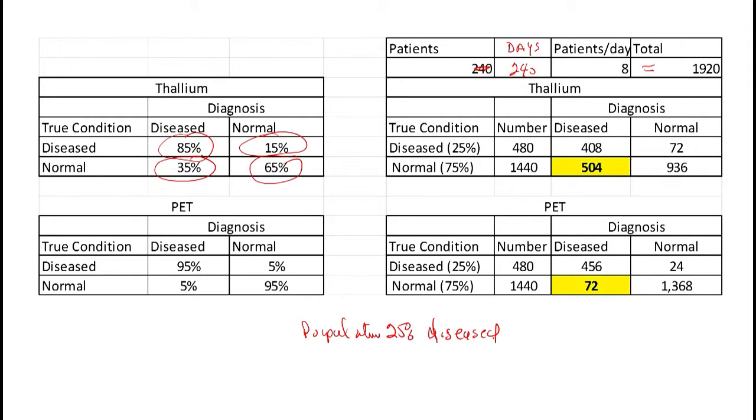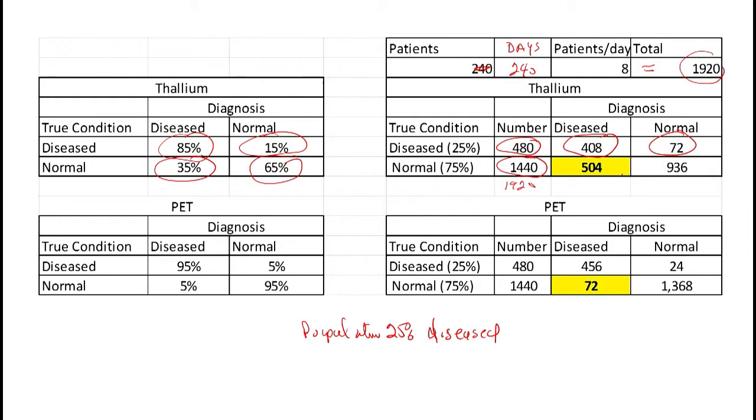So if I have 1,920 people, I'm going to expect that 25% of them, 480, actually have the disease, and 1,440 are not. That's just out of the total average population. Out of those who take the thallium, it's going to identify that 408 are diseased and 72 are normal.